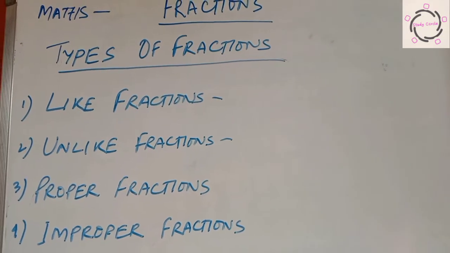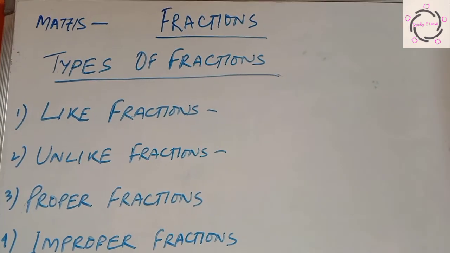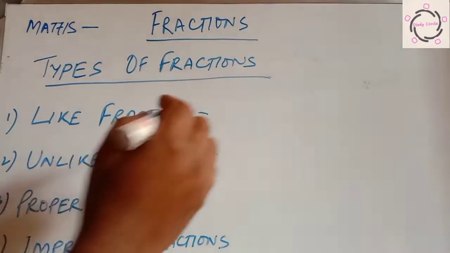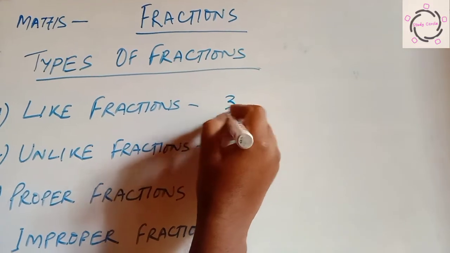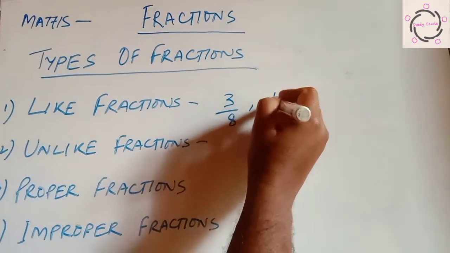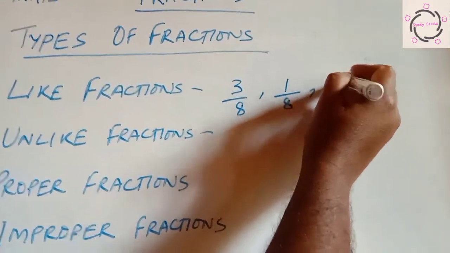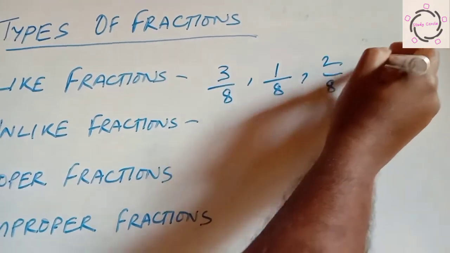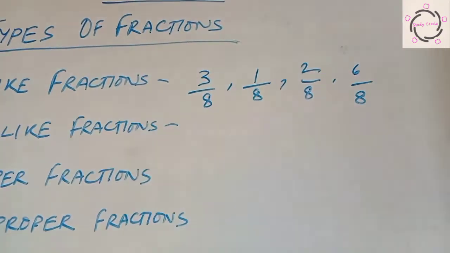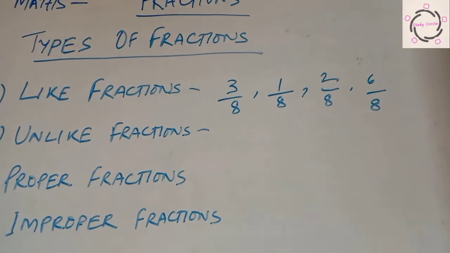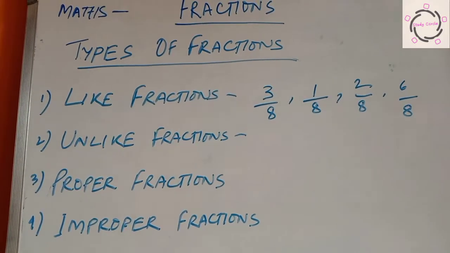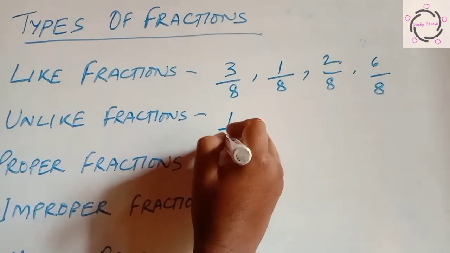What are like fractions? Fractions having the same denominator are called like fractions. আমরা denominator জানি কি. Now if I write these numbers, these are all like fractions. Unlike fractions: fractions having different denominators are called unlike fractions.